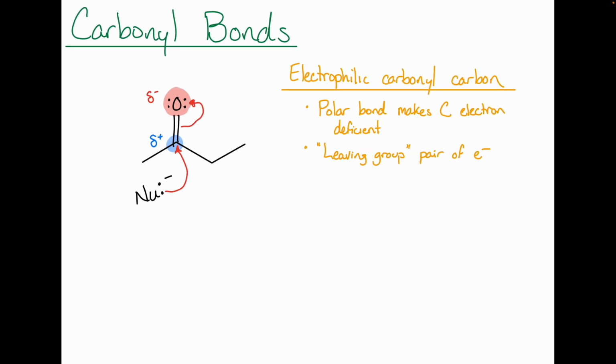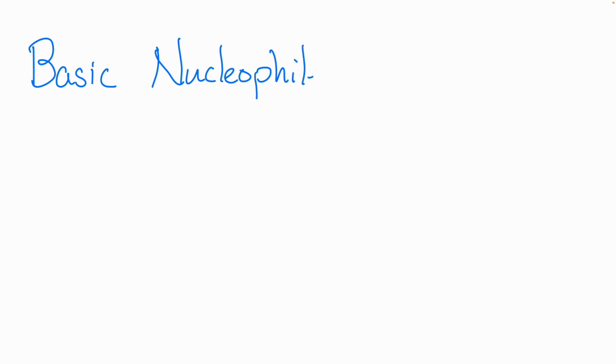Cool, so like we've seen before, we can use any variety of nucleophiles to react with our electrophile here. We've looked at these categories before. We have basic nucleophiles, and these all look like nucleophiles because they have a net negative charge.